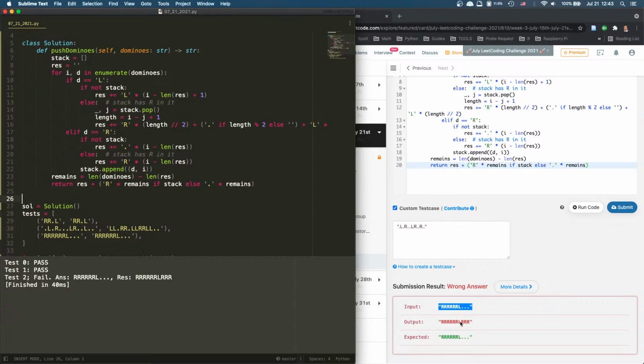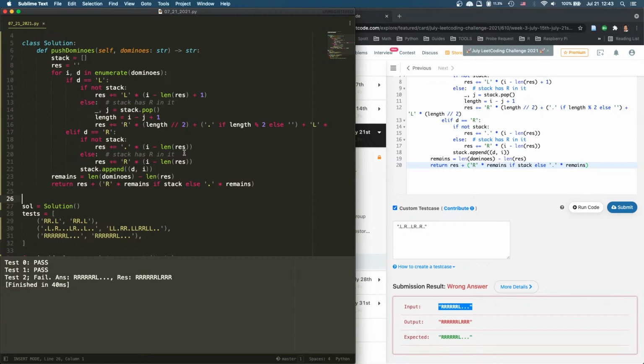And the problem is we have something to stack. I say if stack, then we do R. Otherwise, we do this. So it means we have something to stack. But the last one is L, and L comes in. We'll pop the stack. Oh, I never pop here.